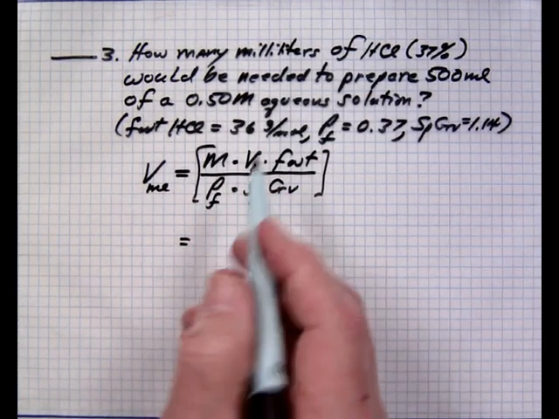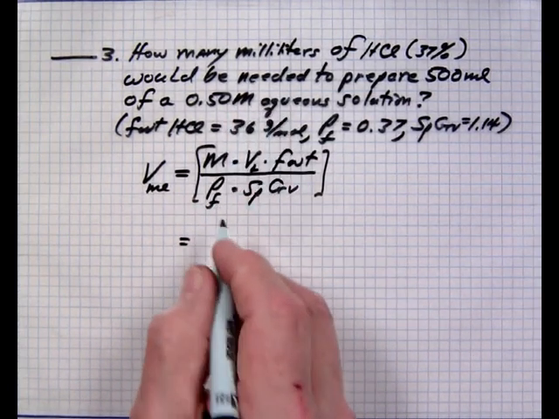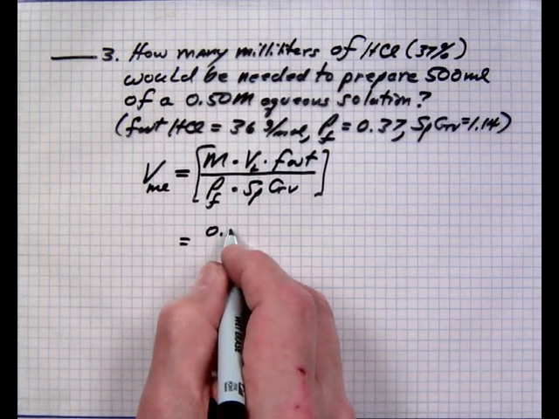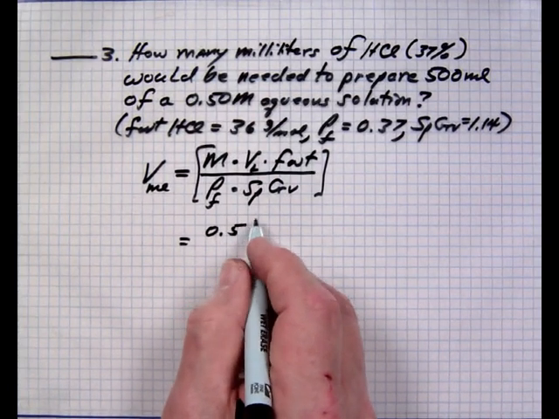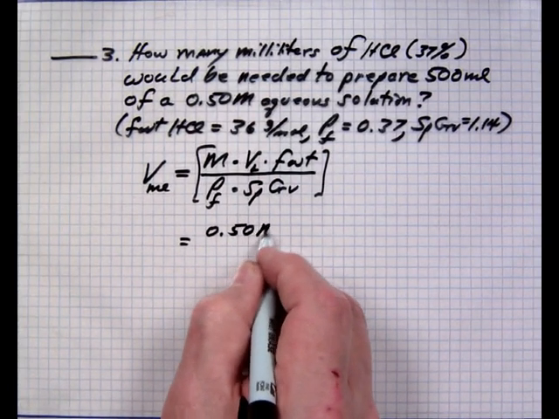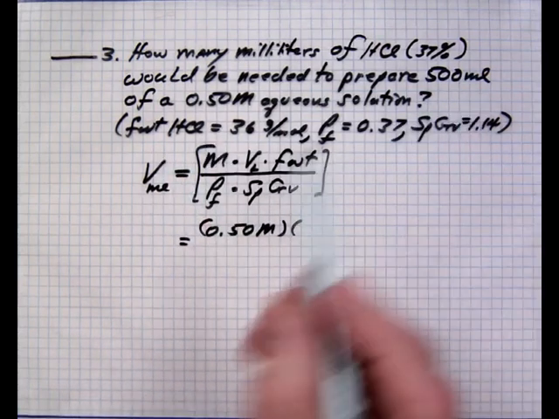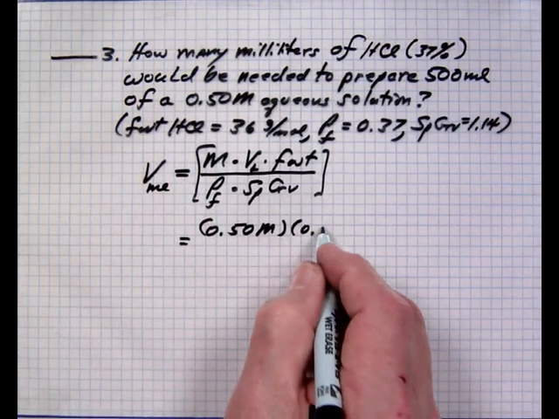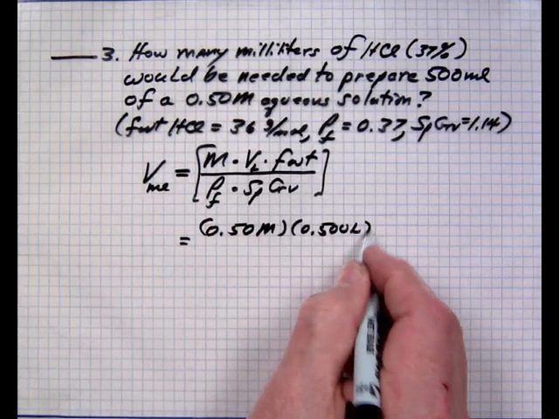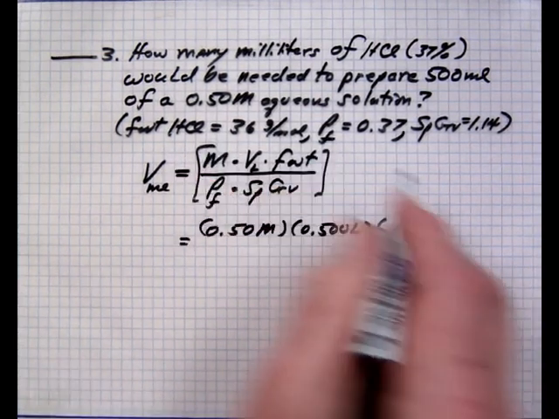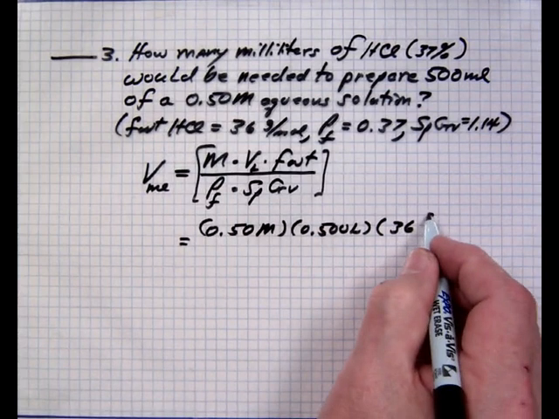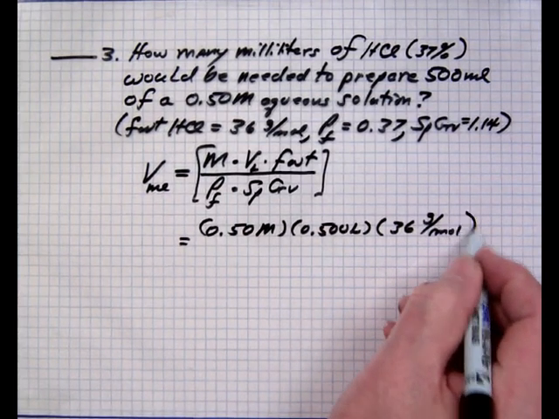So the molarity we need is 0.50 molar, sorry. We're asking to prepare 500 mils, so that'd be 0.500 liters, and the formula weight is given as 36 grams per mole.